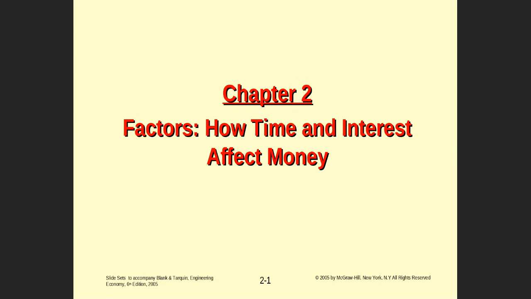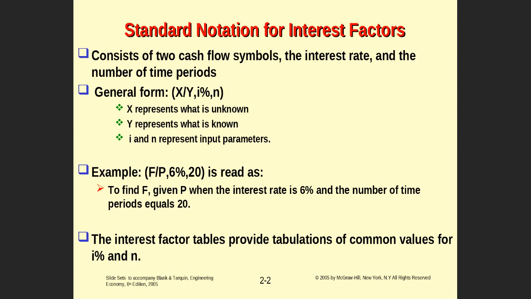It was about how time and interest affect the value of money. The value of money changes over time, and we can convert the value of money using the tables or the standard formulation, as given in the slide here.